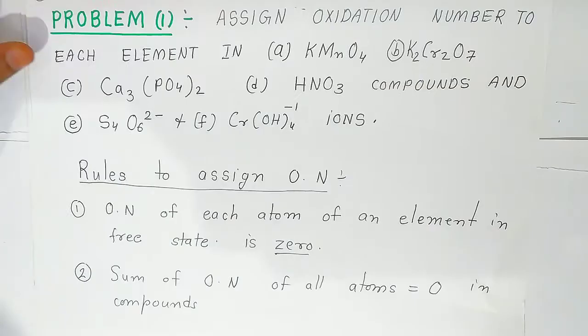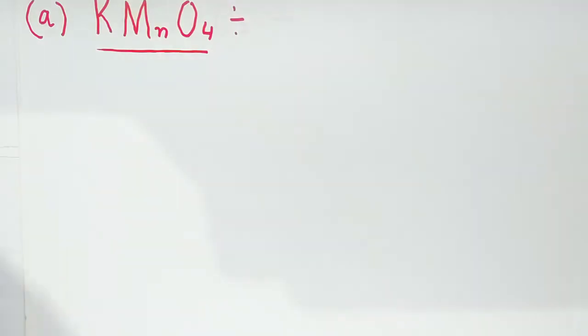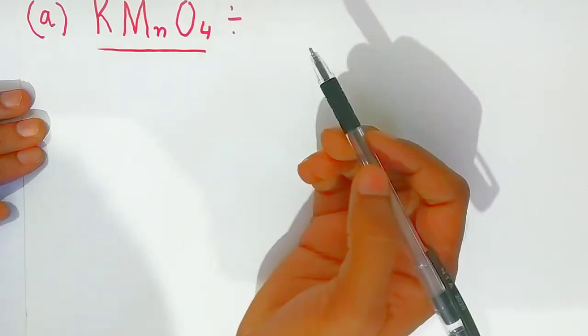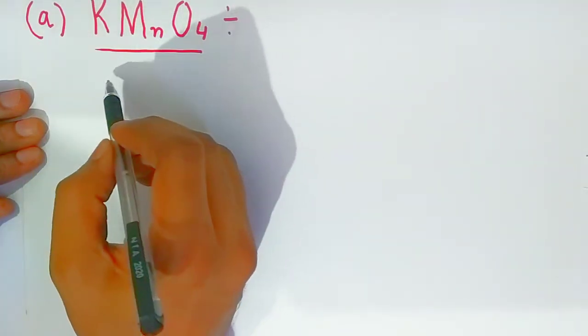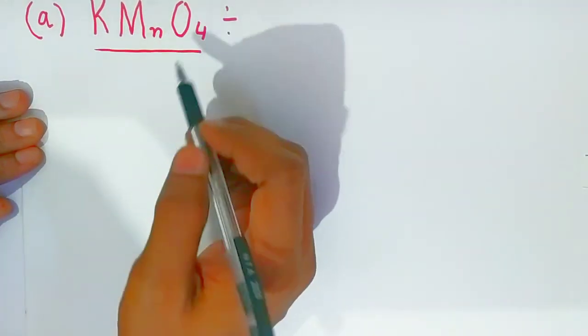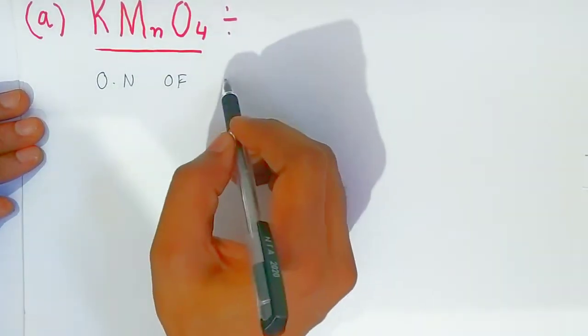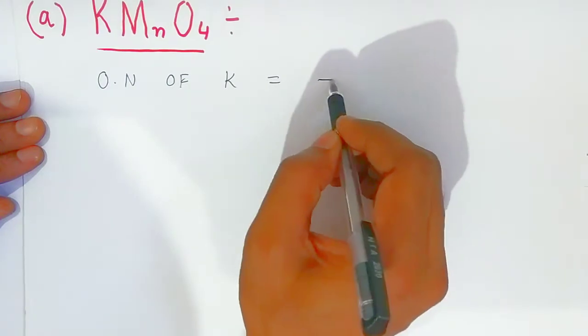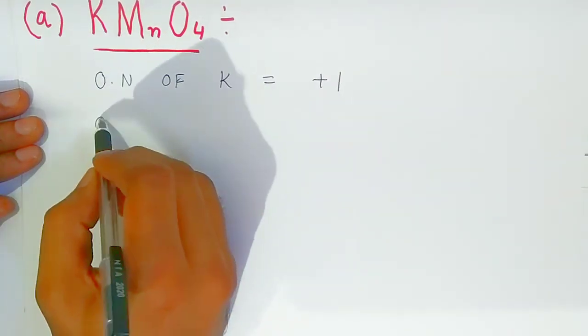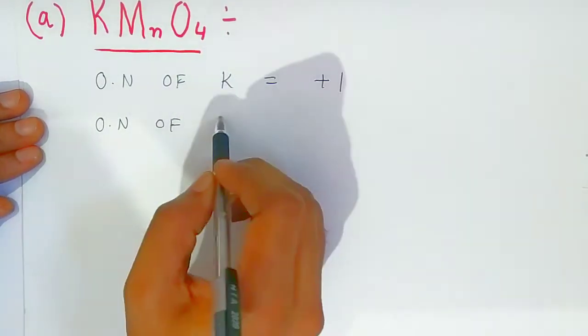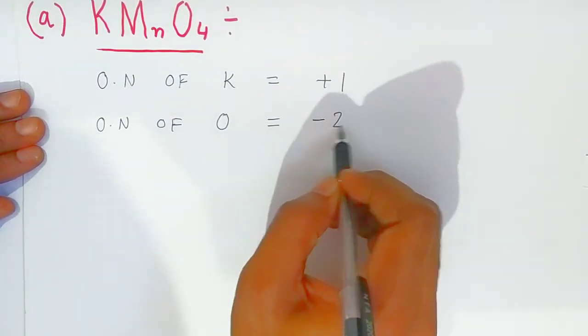Okay students, now we are going to find the oxidation number of potassium, manganese and oxygen in KMnO4. The first step is you should know the oxidation number of potassium and oxygen. The oxidation number of potassium atom we always take as +1. The oxidation number of oxygen atom we always take as -2 in this compound.